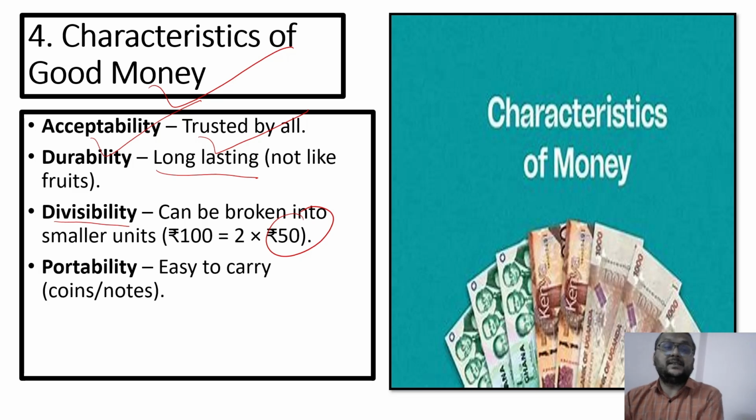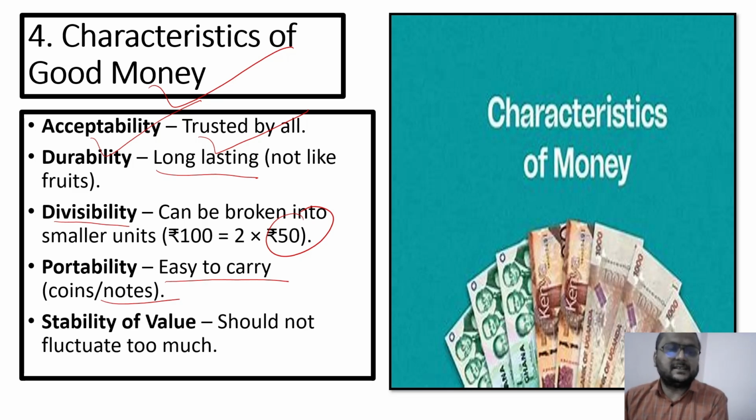Then portability. It should be easy to carry, like coins and notes. Next is stability of value. It should not fluctuate too much. These are some of the characteristics of good money.